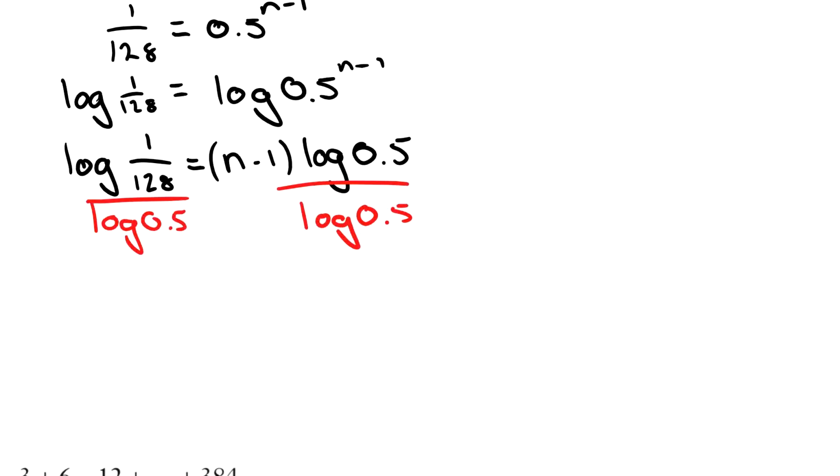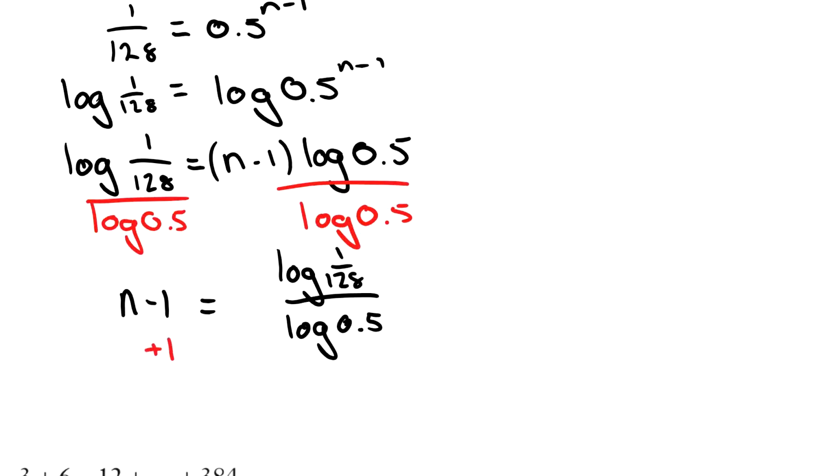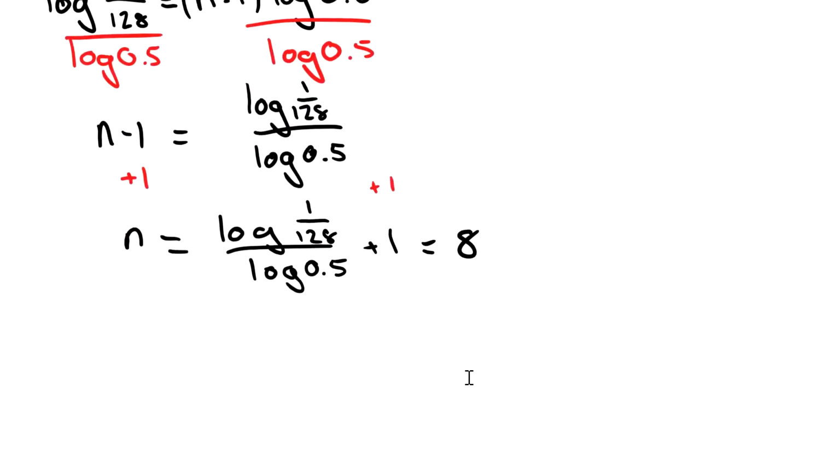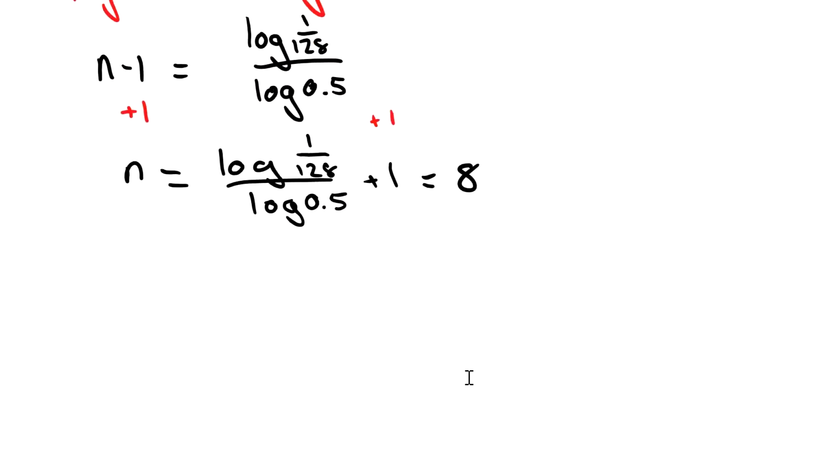We don't need the bracket, so n minus 1 plus 1, and that gives us n equals 8. Now that we know what n is, we can use our formula.